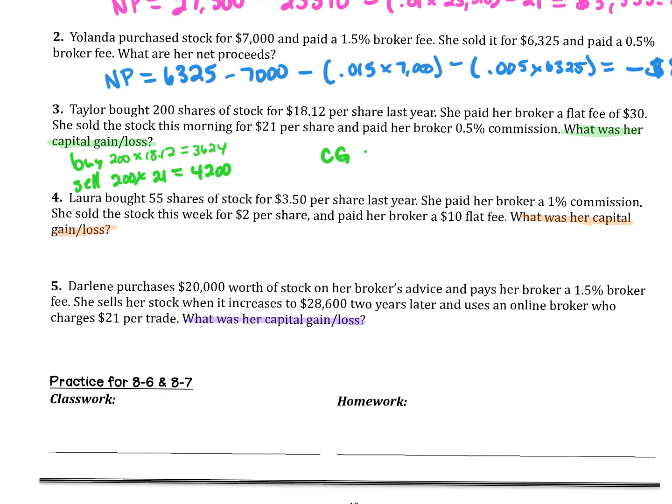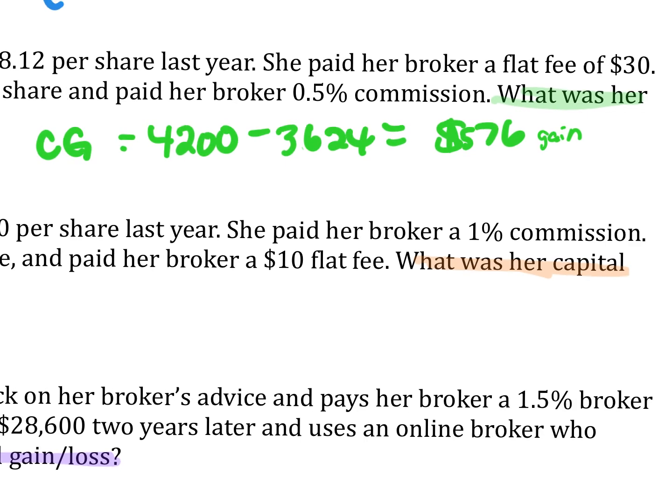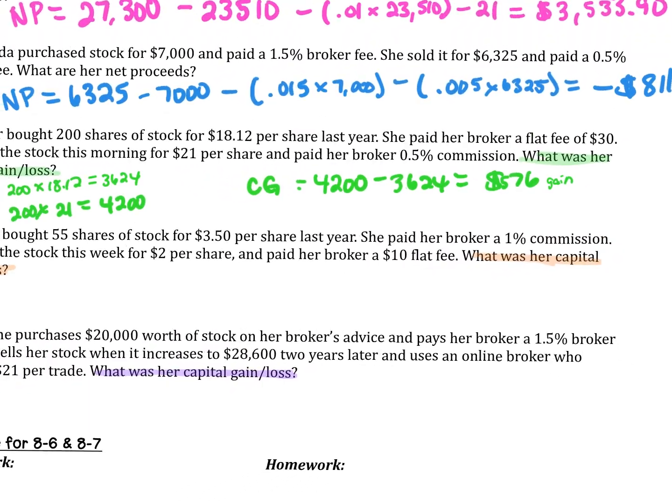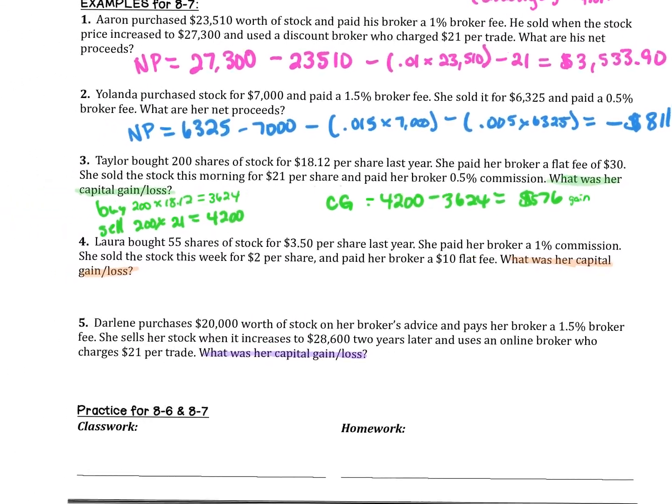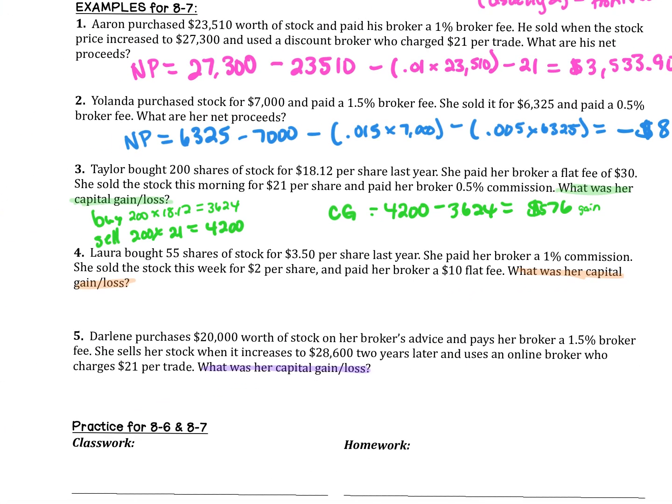So capital gain is going to be the 4,200 minus the 3,624. So $576. And that's a gain. If you were asked to find the capital gain or loss and then what's the net proceeds, you would take that amount and subtract that commission, right?